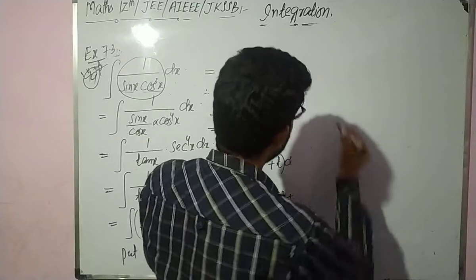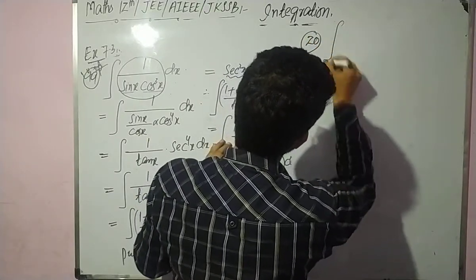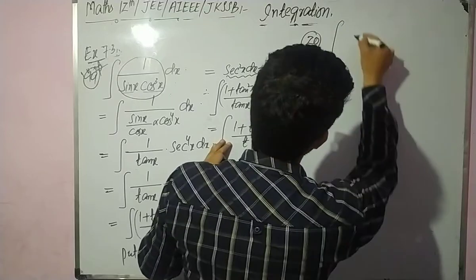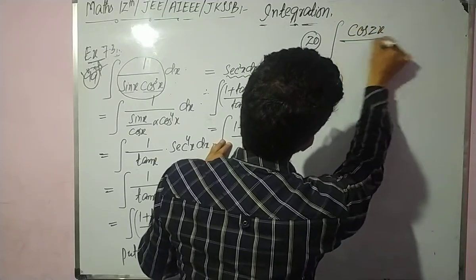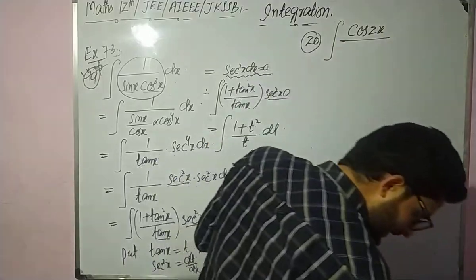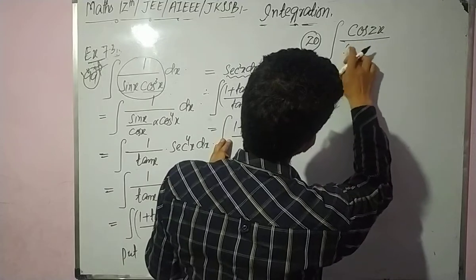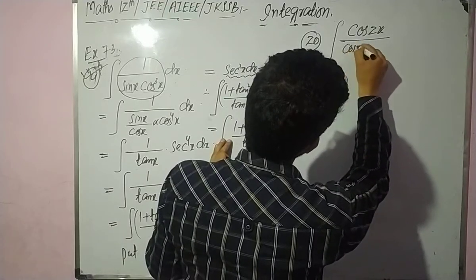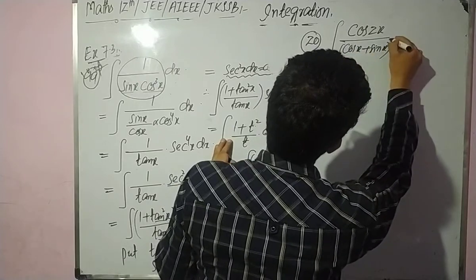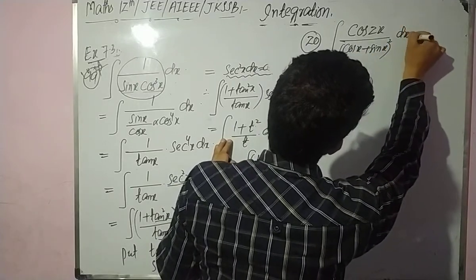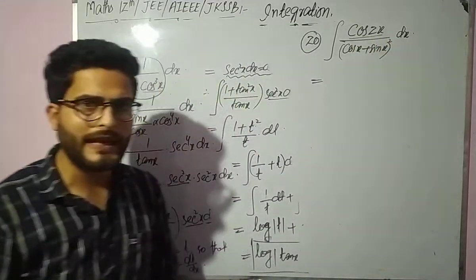So that is question number 20, and that is equal to integration of cos 2x divided by cos x plus sin x whole square into dx. Again, in the numerator we have cos 2x.